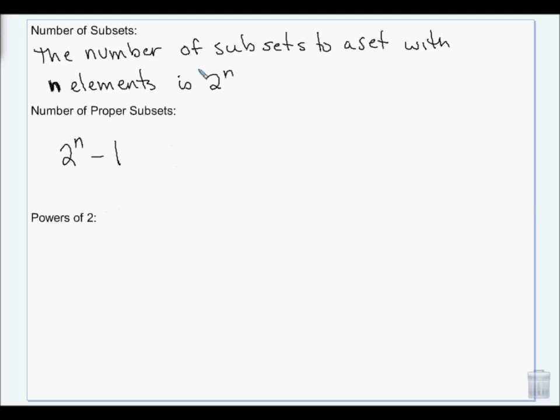So to find the number of subsets, you count how many elements are in it, and that's your exponent on a 2. So we'll go through the powers of 2. If I raise 2 to the power of 0, that's 1. And if you remember, our empty set had 0 elements, but it had one subset, which was itself. 2 to the power of 1 is 2. 2 to the power of 2 is 4. 2 to the third is 8.